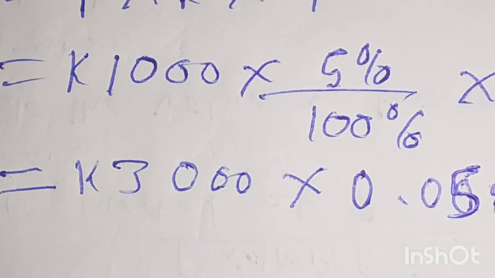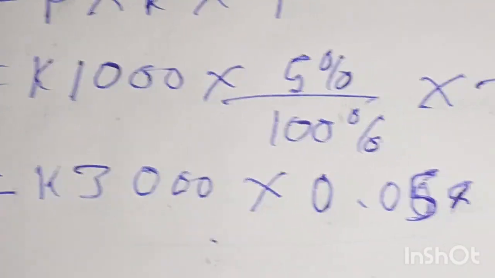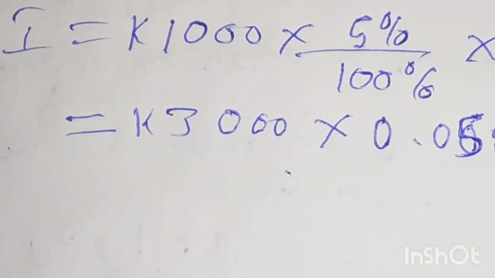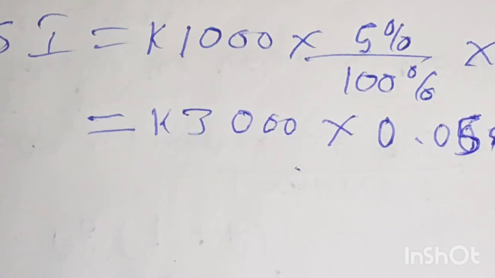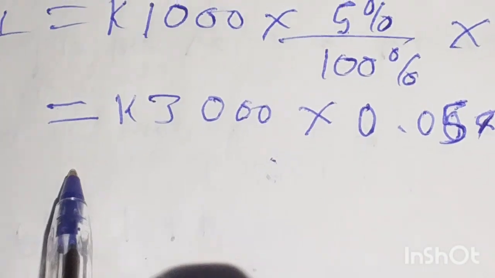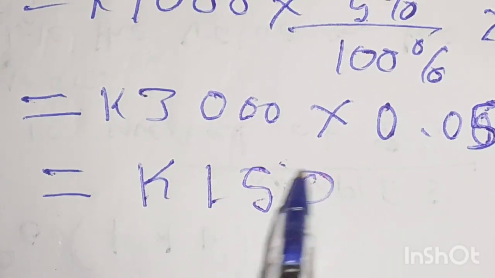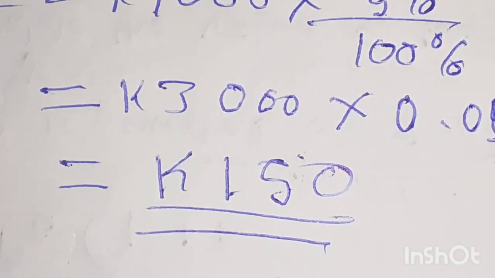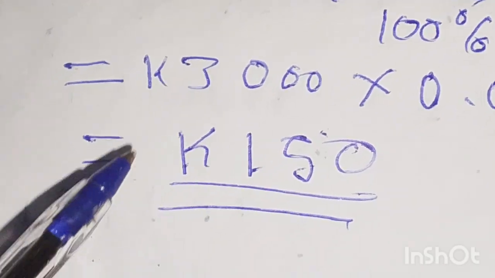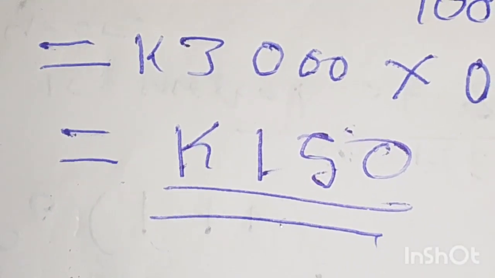Then you multiply 3000 times 0.05. So the answer is equal to K150. This is the final answer for simple interest. So the simple interest was 150 from the given question.